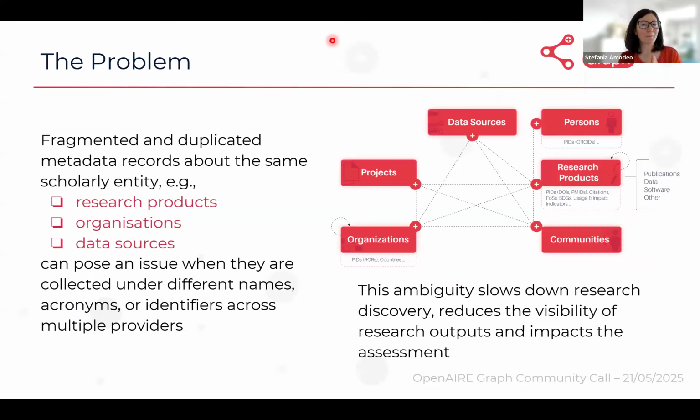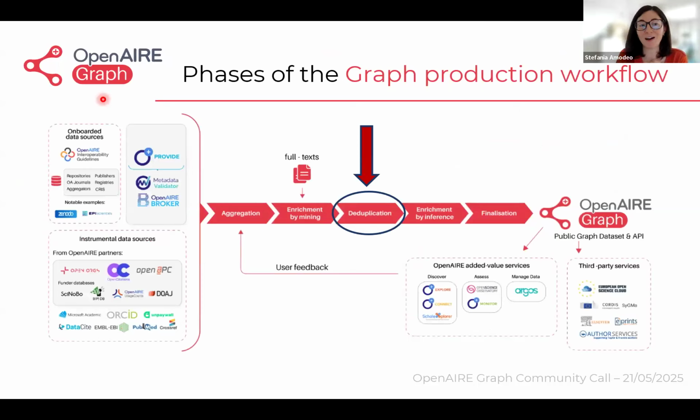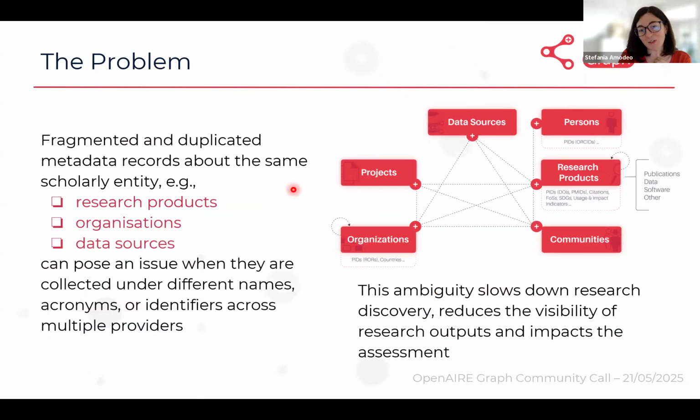This is a very crucial step for the graph production because, as you can see here, the sources of data of the graph are many and varied, and this means that the metadata that we collect regarding the entities of the graph, data sources, research products, organizations, etc., the data related to the same record may come from different providers, and this very commonly translates into having a variation of information related to the same record.